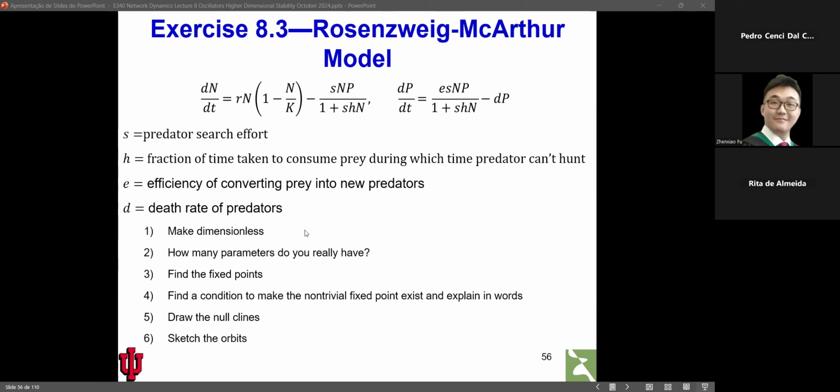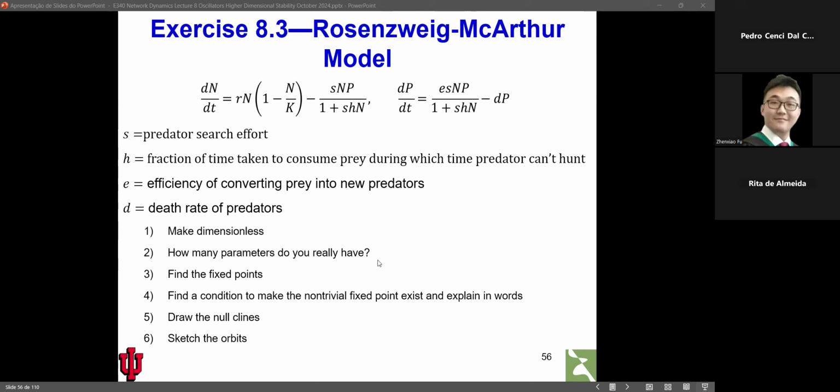So the first thing you have to do is to make it dimensionless, right? Because you want equations that do not depend on dimension. So you have to define some natural units for n and p and time. And how many parameters do you really have?